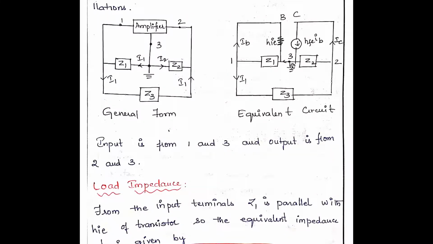One is Z3. Another is this parallel combination, already we called it Z dash. So can anybody answer what will be the expression for the output voltage in terms of Z3 and Z dash?